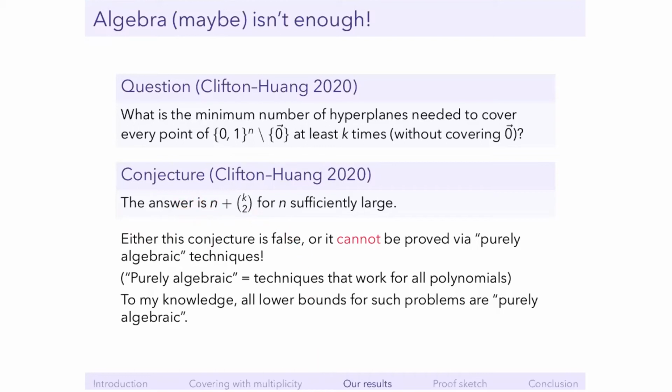Noga had some nice Ramsey theoretic argument that showed that you needed at least k choose 2 more. It seems natural that you would want to use all of those hyperplanes, and if you could prove that you do really need all of those, then you could prove this conjecture. It's different from the question you were asking, but I don't know how to do some random deletion and do anything better than just this trivial k-1 thing.